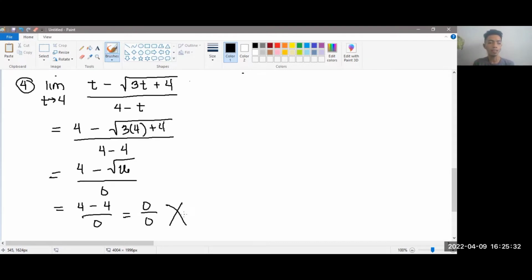So, para maiwasan natin ang indeterminate, kailangan nating i-simplify ito. Paano natin isi-simplify? Paano natin ma-remove yung radical? One way na pwede nating isipin na kung i-analyze nating mabuti, di ba para matanggal yung radical, kailangan nating i-square yung radical, right? Para matanggal siya.